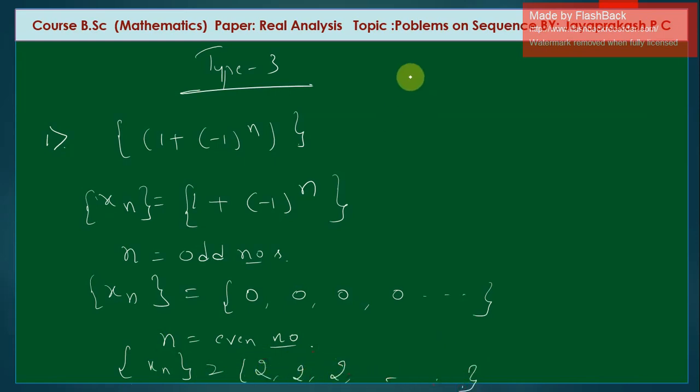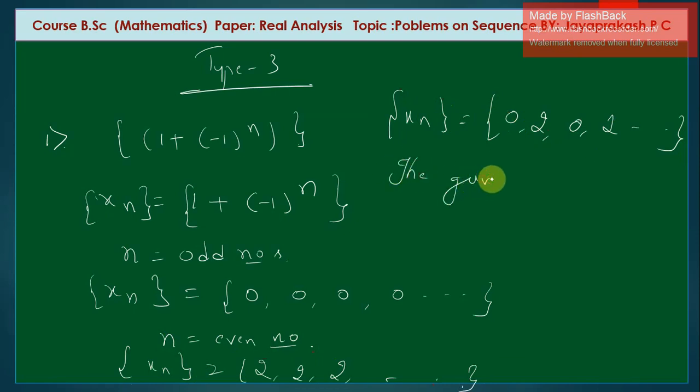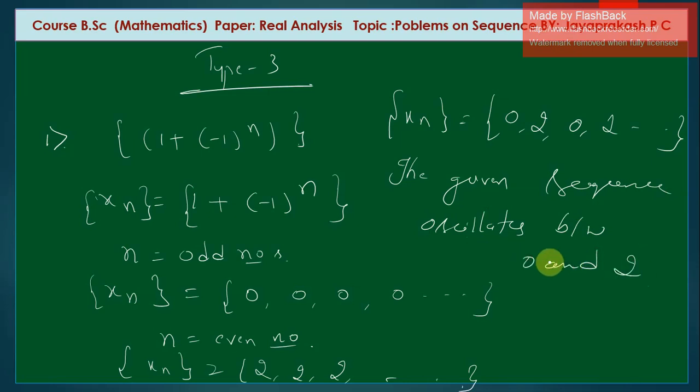Therefore the sequence looks like xn is equal to 0, 2, 0, 2 like this. Therefore we get two values, so the given sequence oscillates between 0 and 2. This type of sequence is called an oscillatory sequence.